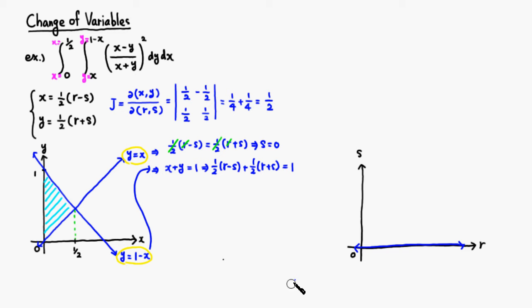Then we can simplify. You have a negative s and a positive s, they cancel out. So you basically have 1/2 r plus another 1/2 r equals 1, which means r equals 1. So this just gives us r equals 1. Say 1 is going to be right here. So r equals 1 is just a vertical line here.